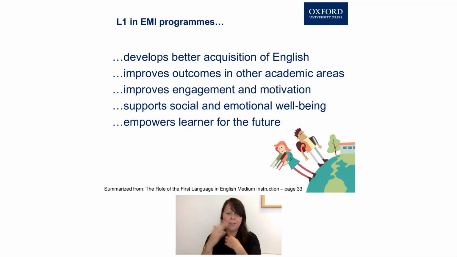Using L1 as suggested here today and in the position paper actually develops improvements in academic areas. There is no obvious link to the L1 learners, but it does improve outcomes in other academic areas. We have seen some examples of how using it can encourage engagement and motivation.